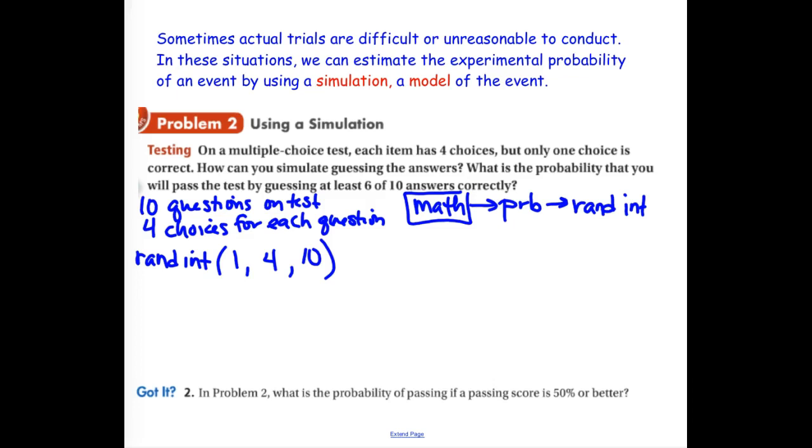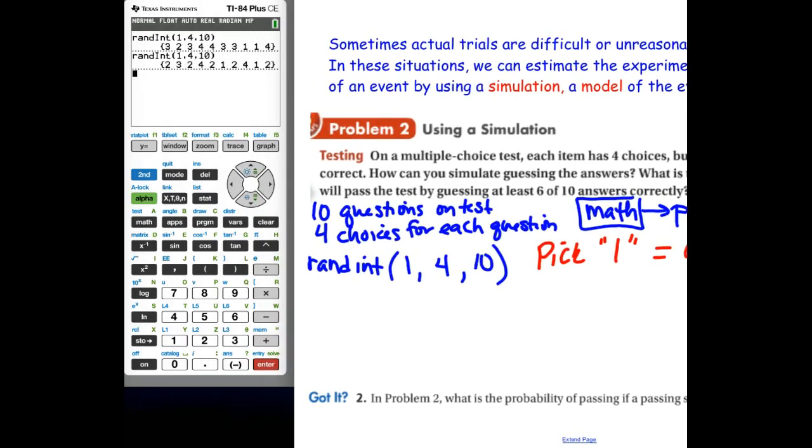The trick to doing this is you are going to randomly choose one of the 4 numbers, 1, 2, 3, or 4, to represent the correct answer. Okay? So, for this example, I'm going to choose a 1 to equal a correct response. So if I look at my list that I generated, I have a 1 there and a 1 there.